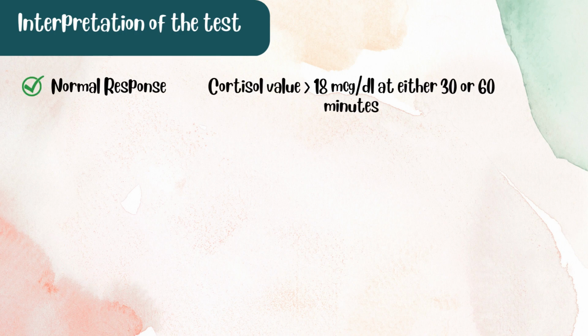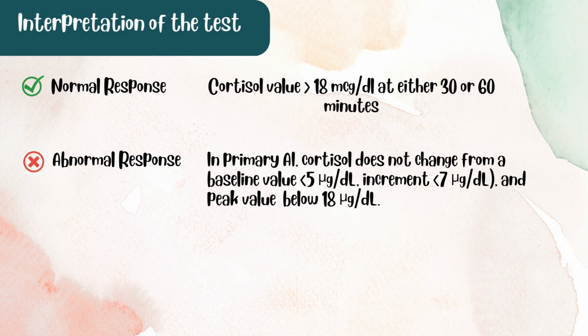So how is the test interpreted? A normal response shows a peak stimulated cortisol level greater than 18 micrograms per deciliter at either 30 or 60 minutes. When the corticotropin stimulation test is performed in patients with primary adrenal failure, the serum cortisol concentration does not change from baseline.